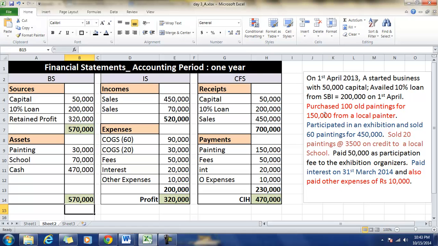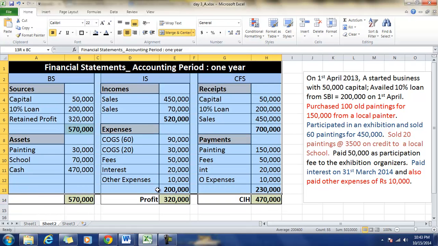So we can see that a set of business transactions can be converted into financial statements using the principles of generally accepted accounting principles, and in this case we have used the matching concept, the accrual concept, and the accounting period concept. We also use the business entity concept to show that these are the financial statements of the business, not of the business owner. Thank you very much.